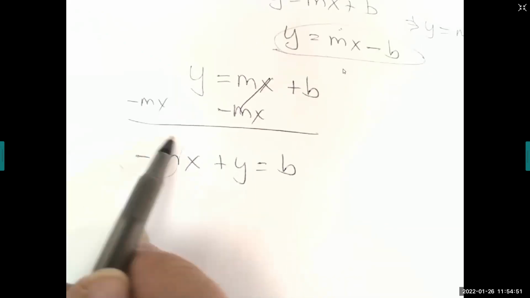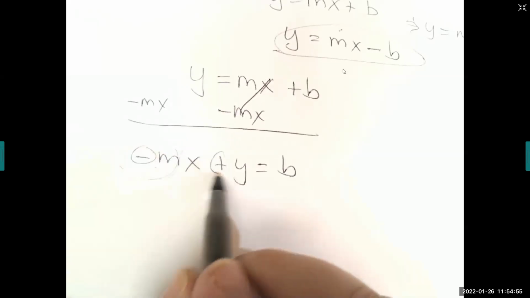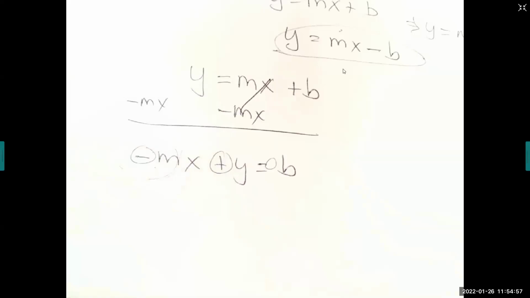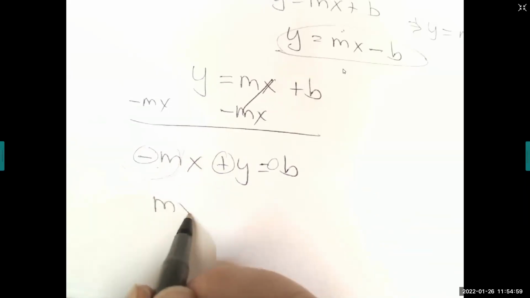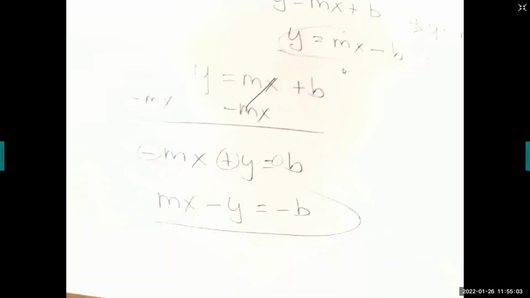This is your a. It's got to be positive, so what do we do? Just change all the signs. Mx minus y equals negative b. And there's your standard form.